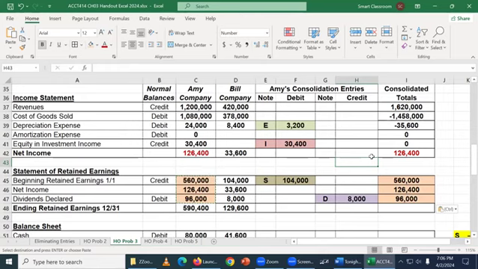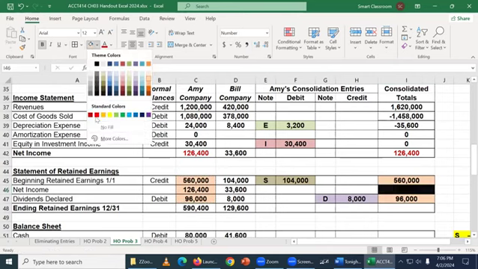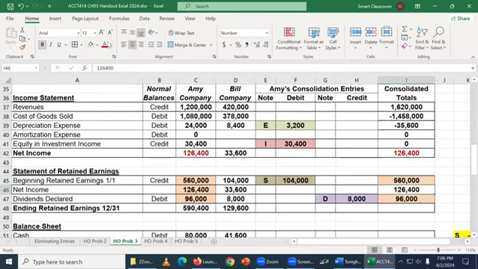Because retained earnings are gone. The income was eliminated up here. And it's going to be the same as here. This is actually that number.